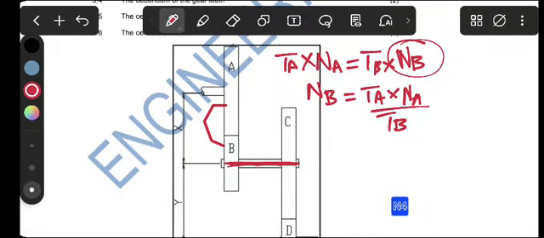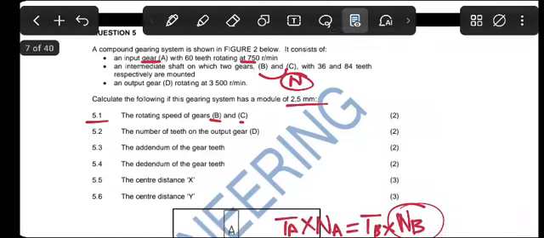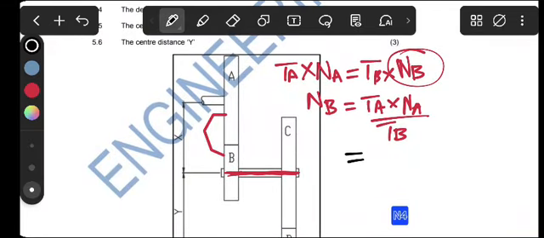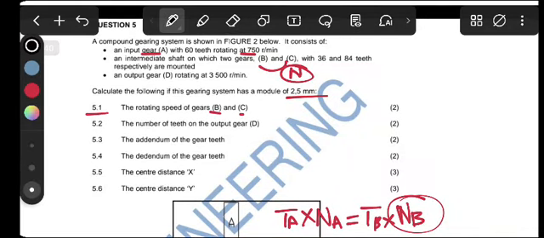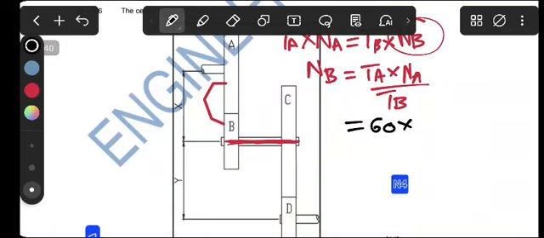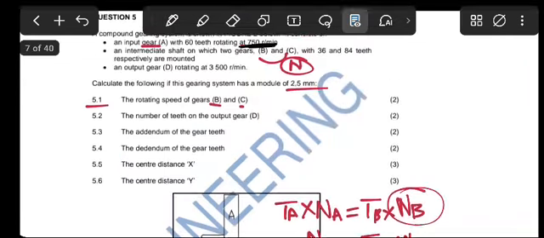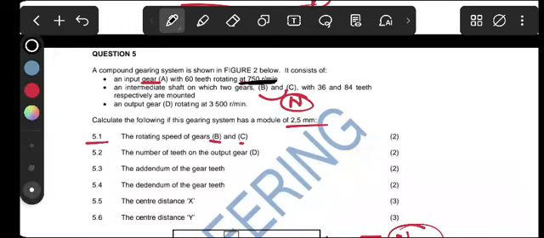What is the teeth of A? The teeth of A is 60, multiplied by the speed of A, which is 750, divided by the teeth of gear B, which is 36.